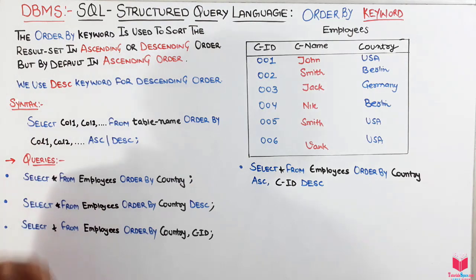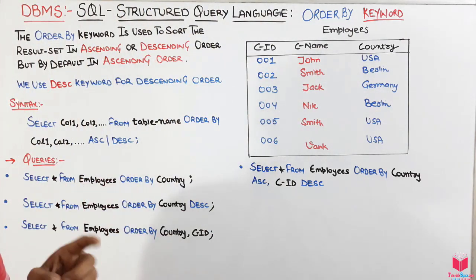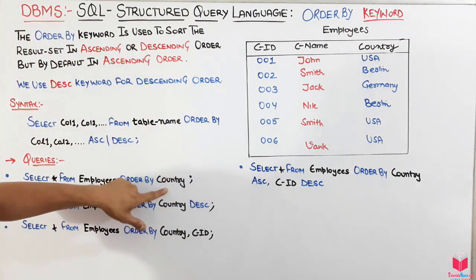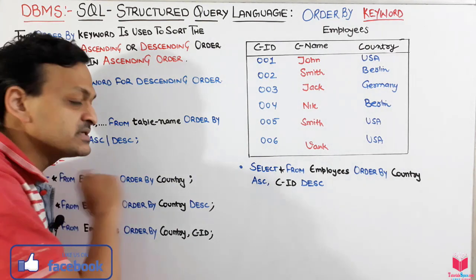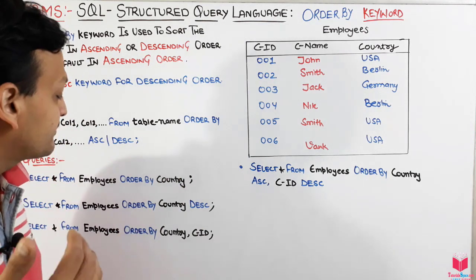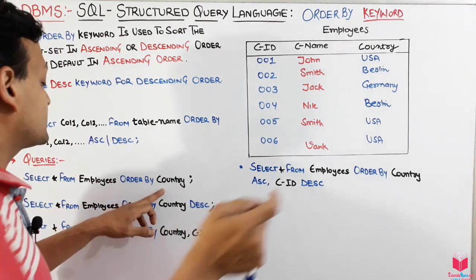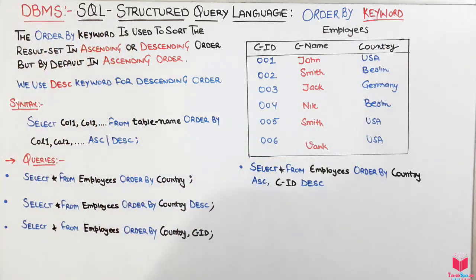We have to sort the country in ascending order, because by default it sorts in ascending order. We are not specifically mentioning descending or ascending, so it takes the default ascending order. By doing this query we will get the country in ascending order.